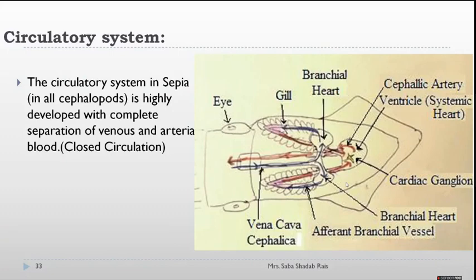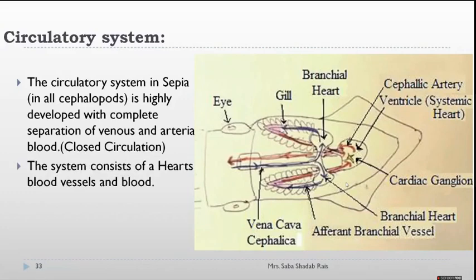So it is completely developed. Now see, completely developed, it will have the venous and the arterial blood. So venous blood means the deoxygenated blood and arterial blood is the oxygenated blood. So complete separation of the venous and the arterial blood is there.